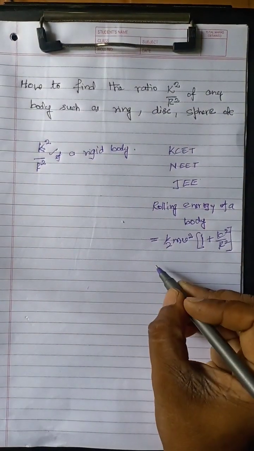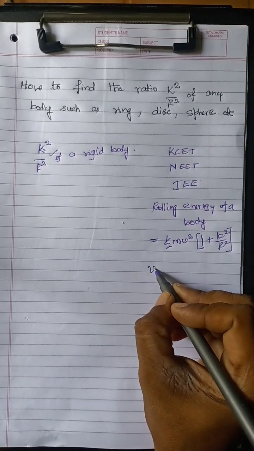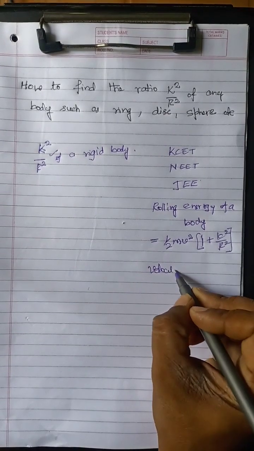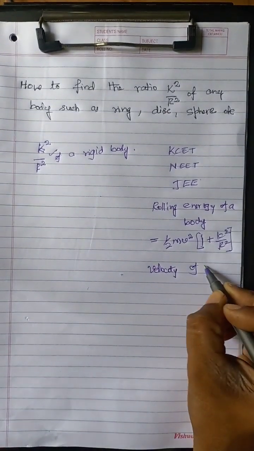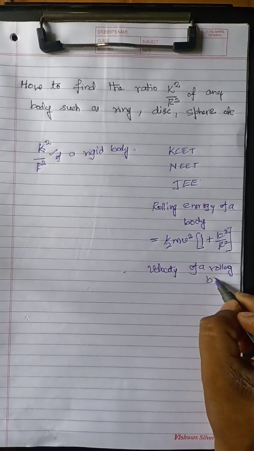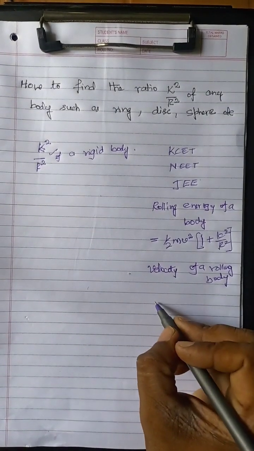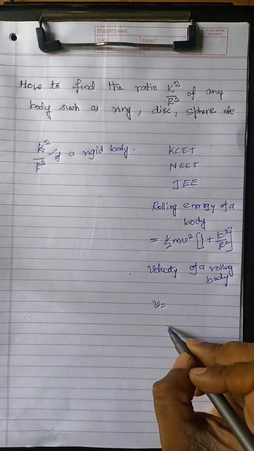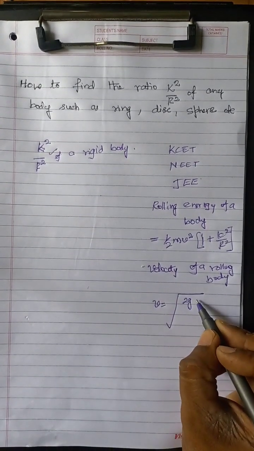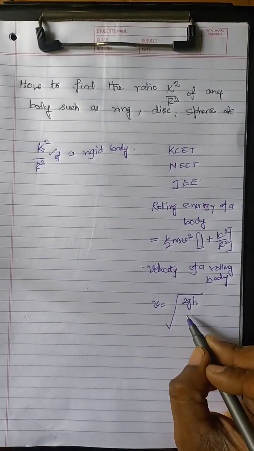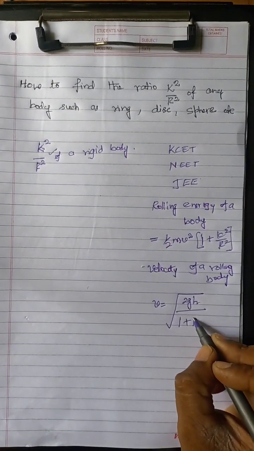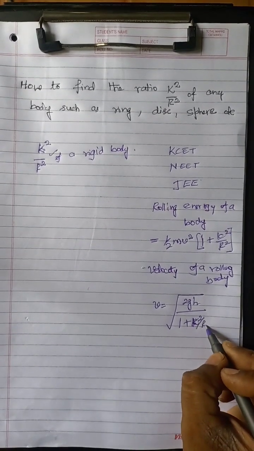Not only that, in some problems they may ask what is the velocity of a rolling body. In that case, the equation of velocity is square root of 2gh multiplied by 1 plus k square divided by r square.